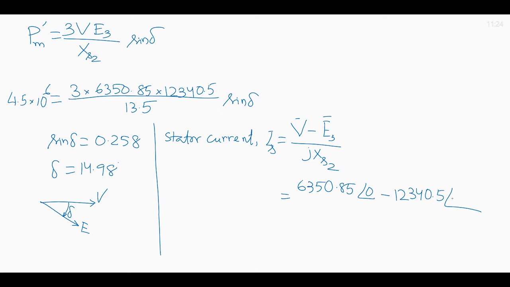So this is minus 14.98, V is the reference phasor, divided by reactance at 1500 rpm, which is 13.5 ohm.